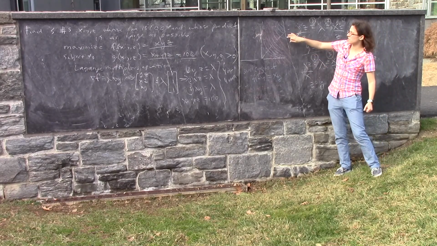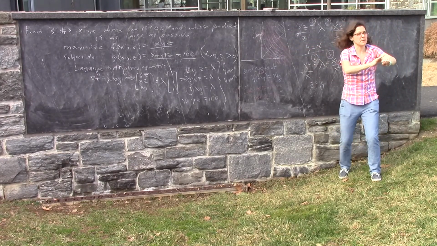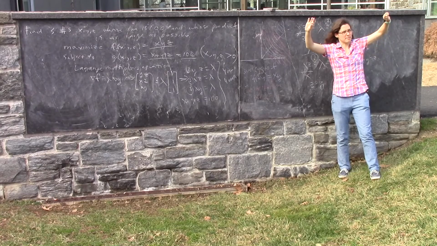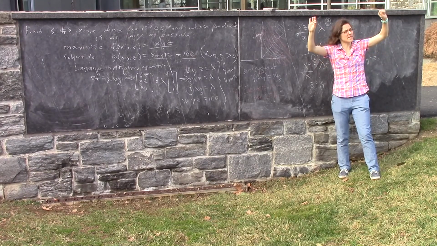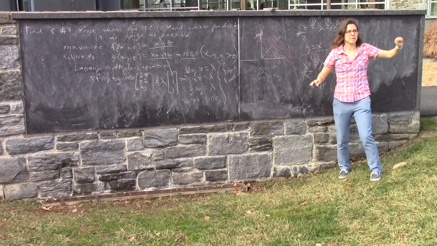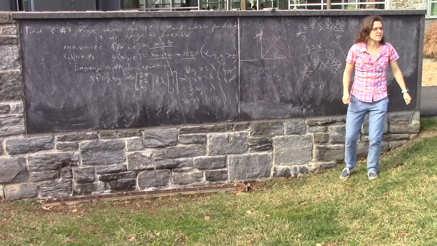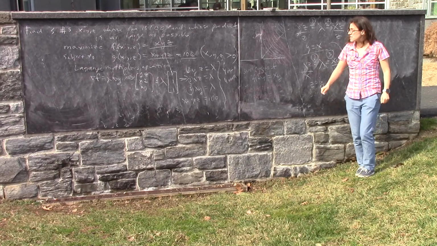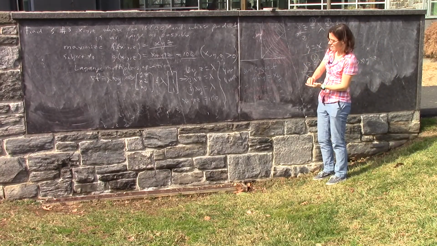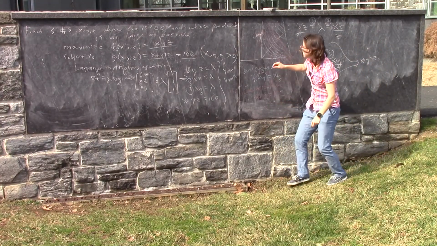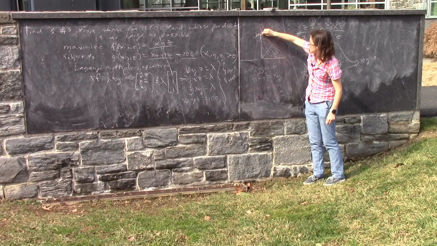Up in three-dimensional space, these blue things would be surfaces, like a family of surfaces, sort of like an onion. And then these red things would be planes cutting through. And so these are tangent to each other, just where x equals y equals z. So these are all the ones. And then we care about the specific one, where x plus y plus z equals 100.